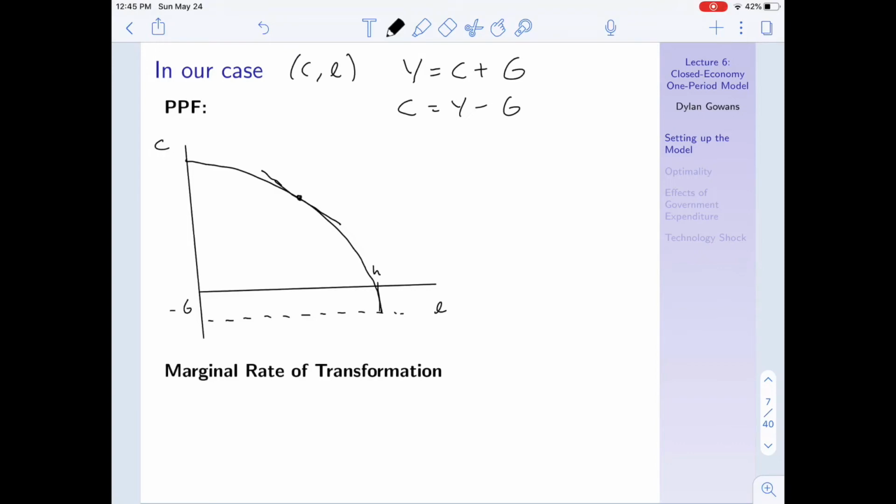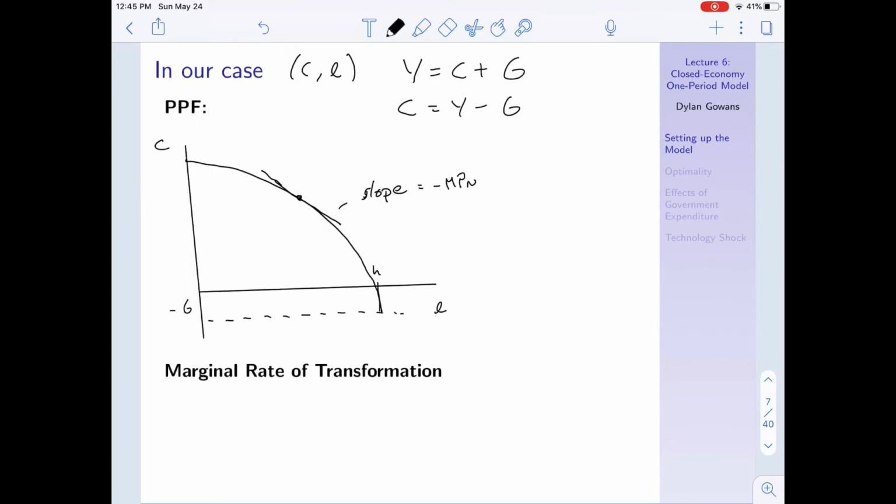Well, given that this is just a flipped production function that we've translated down, the slope is just the same as the slope of the production function. In this case, the slope will be negative.